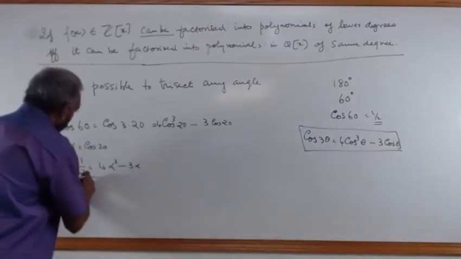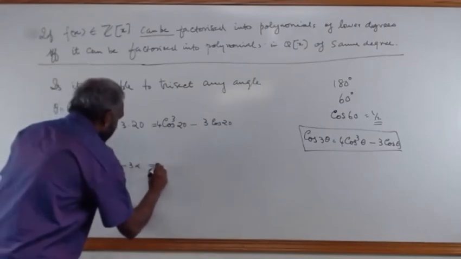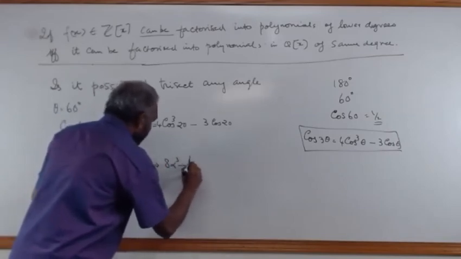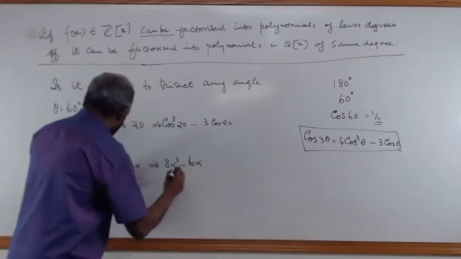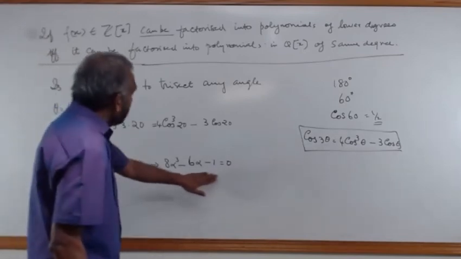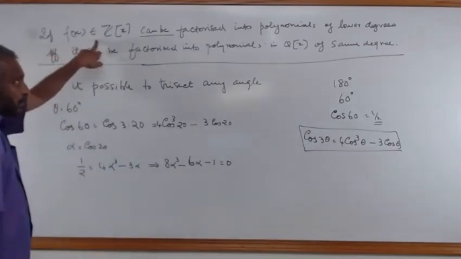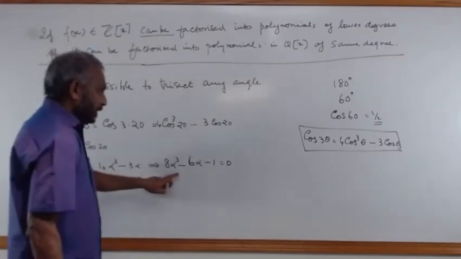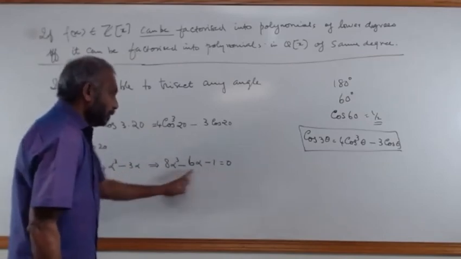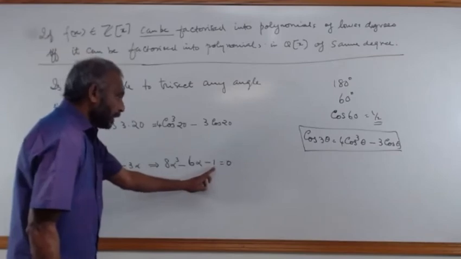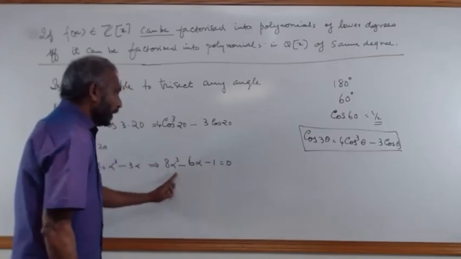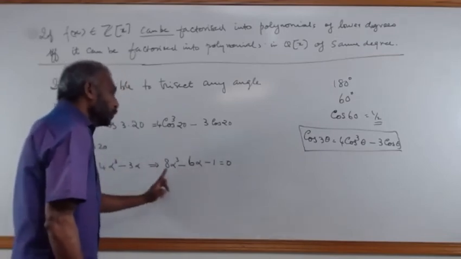So this implies 8 alpha cube minus 6 alpha minus 1 is equal to 0. So we have a polynomial in Z of x. If this can be factorized, one of the factors will be a linear factor, meaning a factor with degree 1. One of them will be degree 1 and the other will be either 2, or 1 and 1.